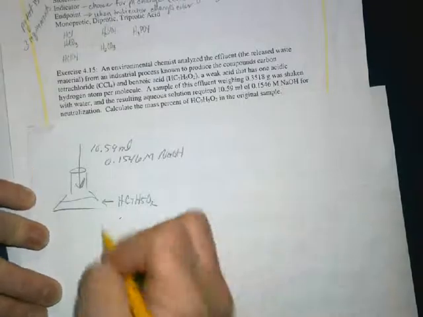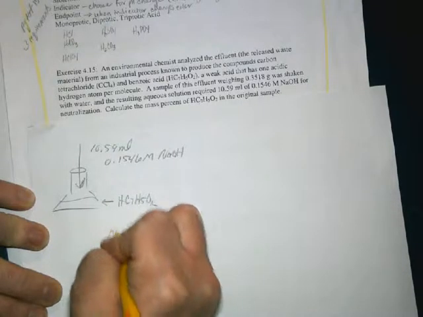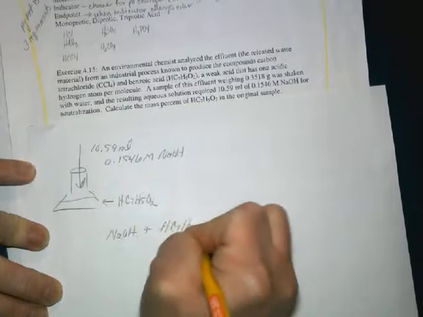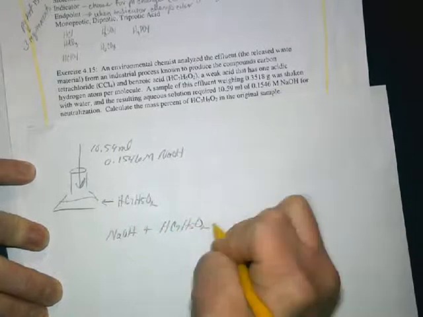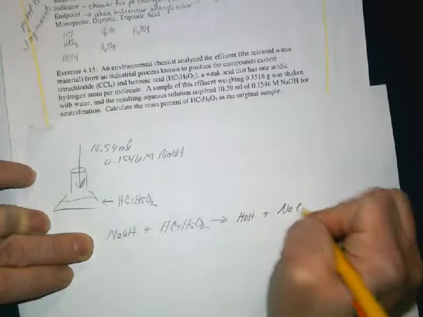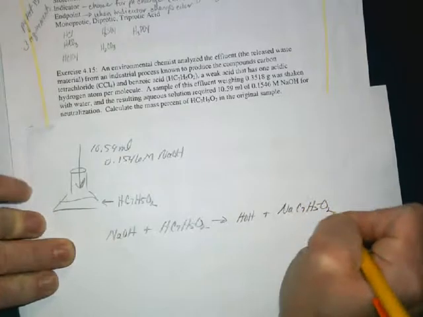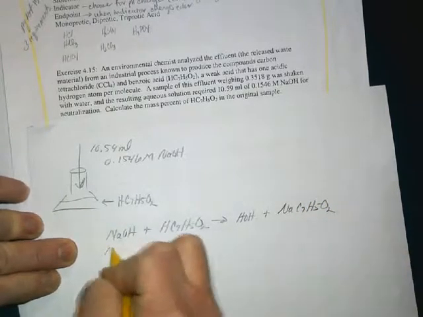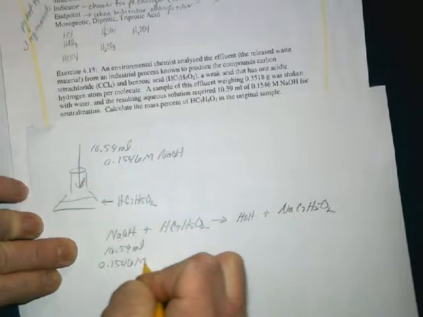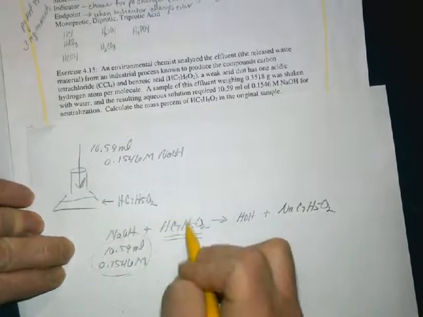So, our reaction would be NaOH plus HC7H5O2. We know that this will be a 1-to-1 mole ratio. We will get HOH plus NaC7H5O2. We are told that 10.59 mL of 0.1546 molar hydroxide was required to react all of the benzoic acid.